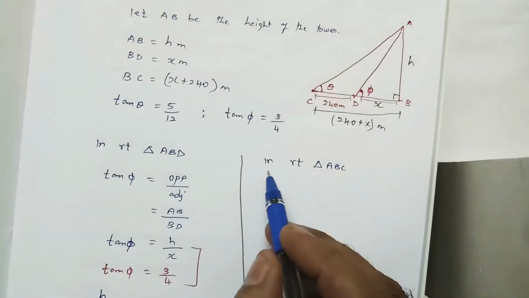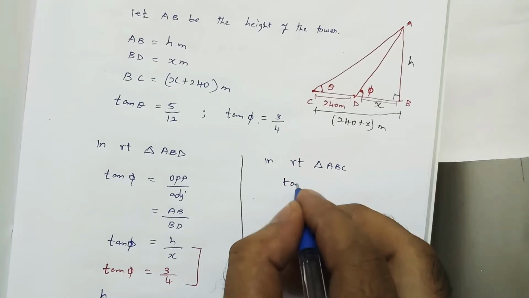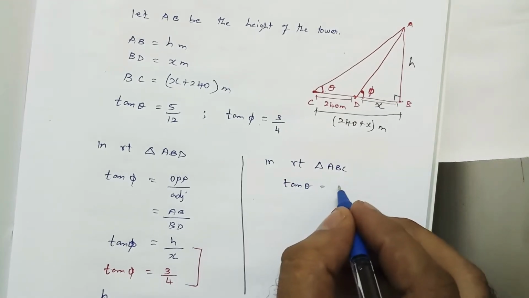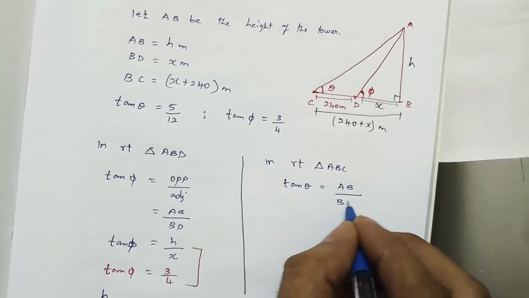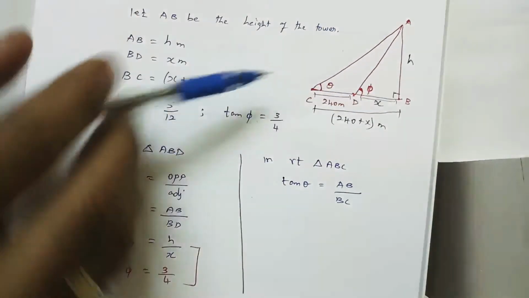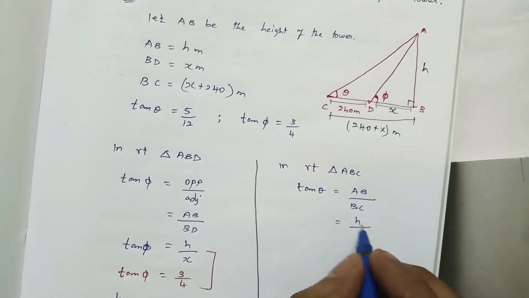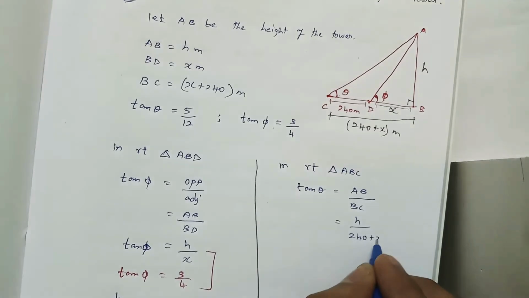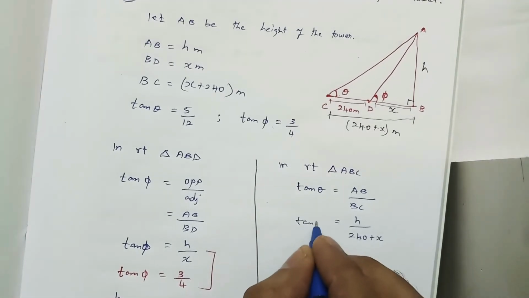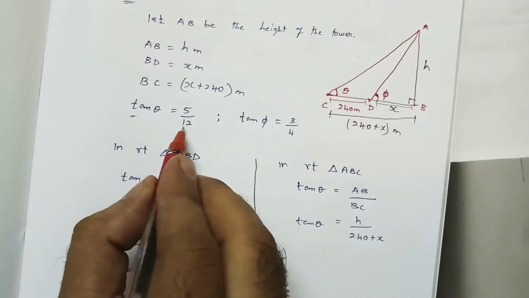Next right angle triangle. In right triangle ABC, tan theta is equal to opposite side by adjacent. What is the opposite side? AB divided by BC. The value of AB is h meter, and BC is 240 plus x. Already in the given itself we know that tan theta is equal to 5 by 12.